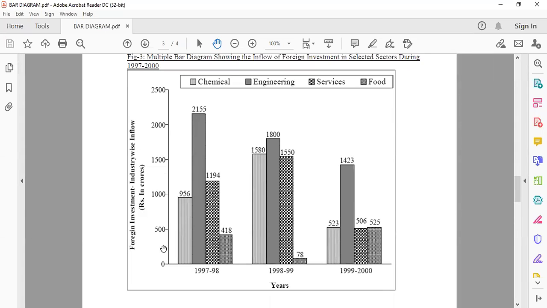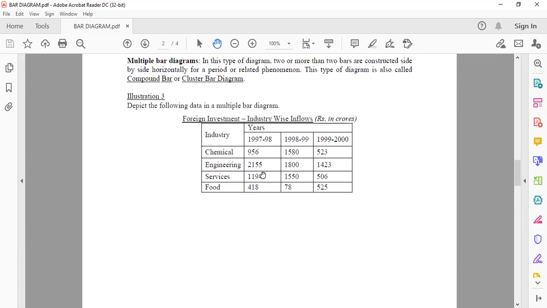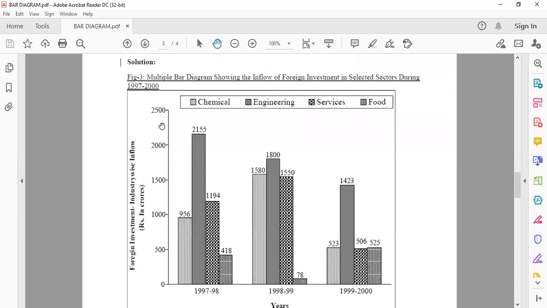Again, how can I plot these values? You see, out of all the data, from 956 to 525, the maximum value is 2155. So I plot up to 2500, giving the gap between each data as 500.